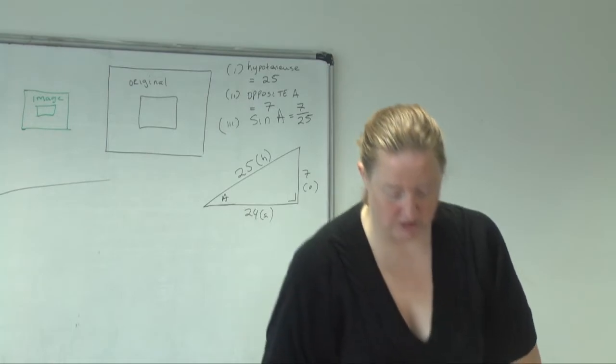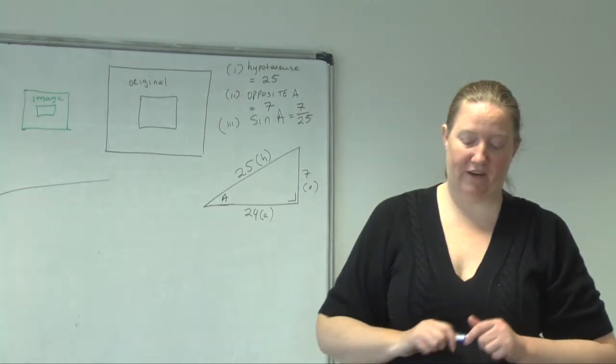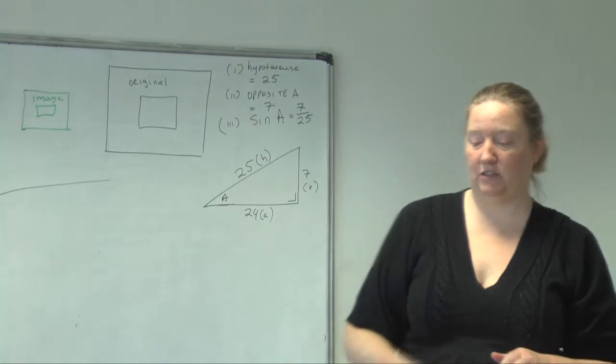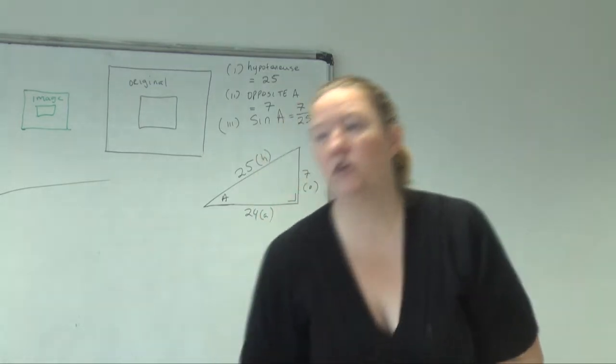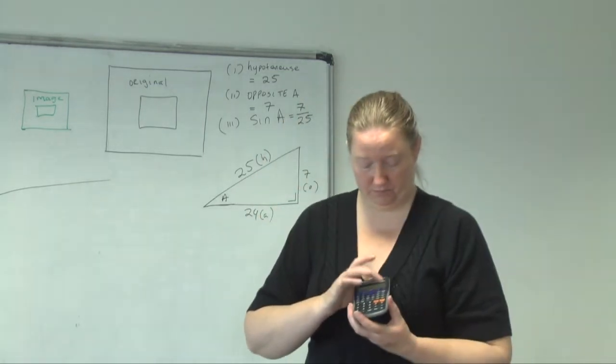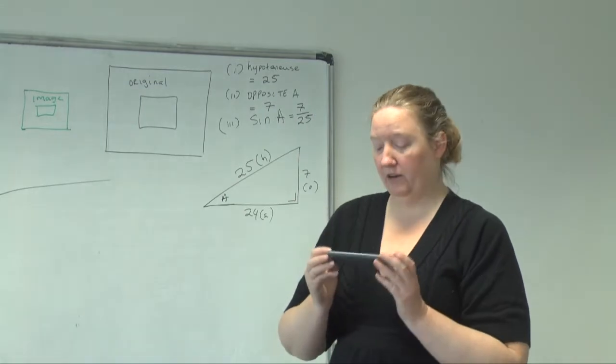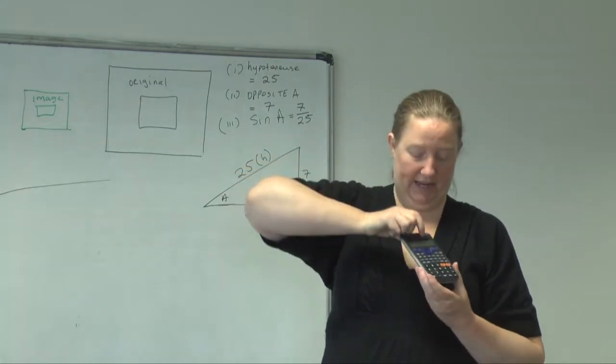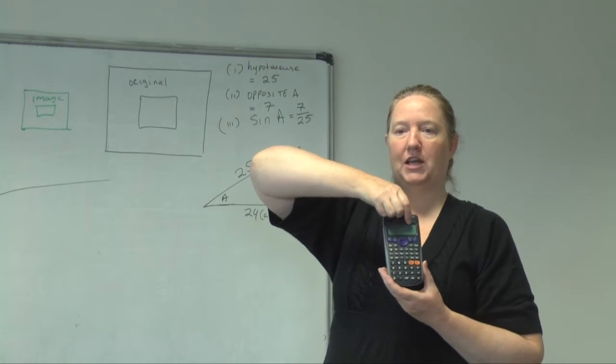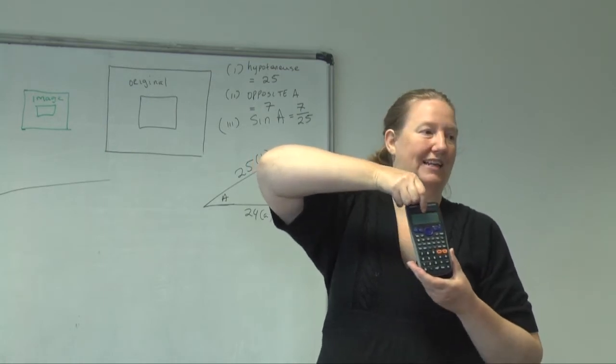The last question. Use your calculator to find A correct to the nearest degree. A little note on your calculators. When you turn it on, up at the top, it should say MATH, and beside it there should be a little letter.